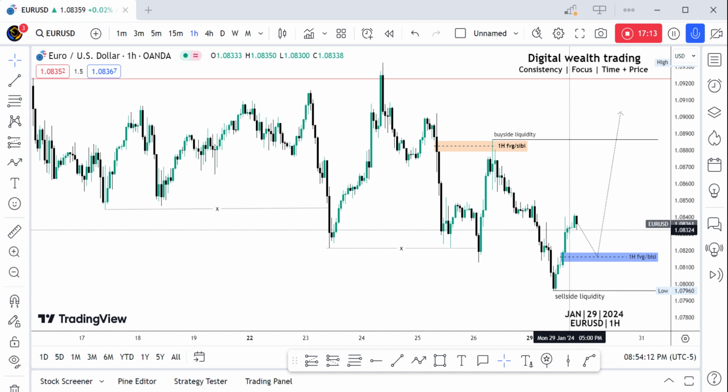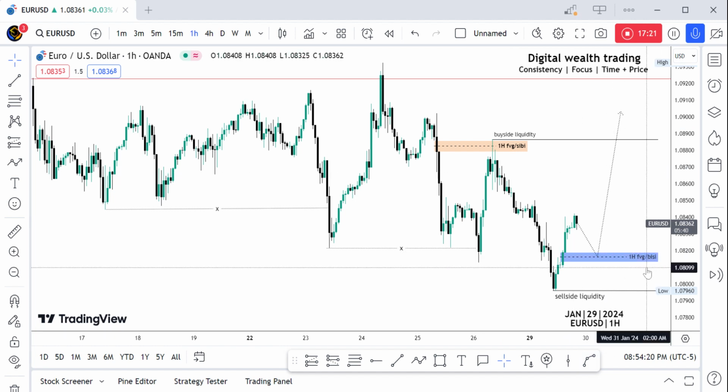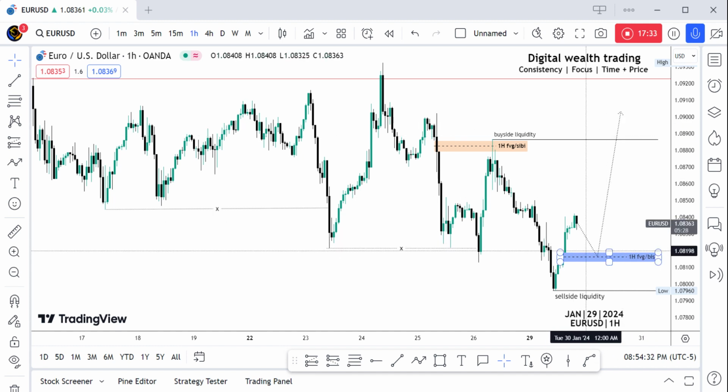So currently my draw on liquidity is this buy side liquidity, and this is the fair value gap, the hourly fair value gap or BC I'm referring to, that might hold price and we can wick into it before going higher, which is a very great illustration here, as you can see.